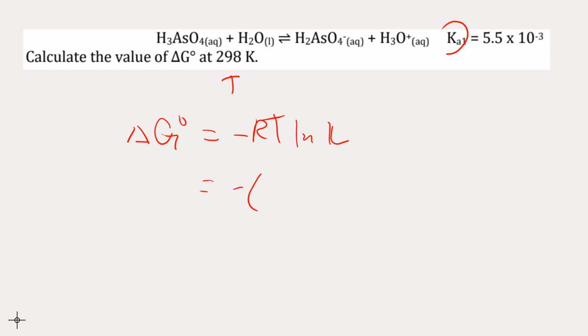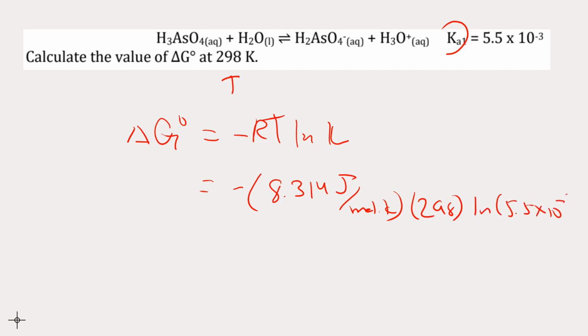So negative 8.314 joules per mole Kelvin, 298 Kelvin, natural log of 5.5 times 10 to the negative 3. So the answer is going to be 13 kilojoules.